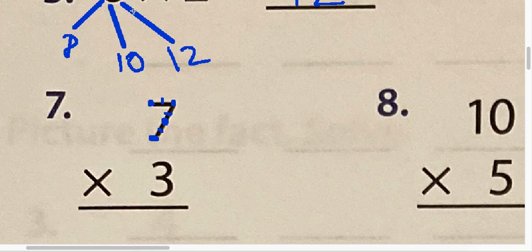So there's 7 dots, and as we skip count by 3s we touch them. 3, 6, 9, 12, 15, 18, and the last one is 21. So 7 times 3 equals 21.